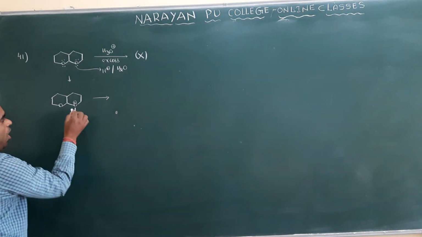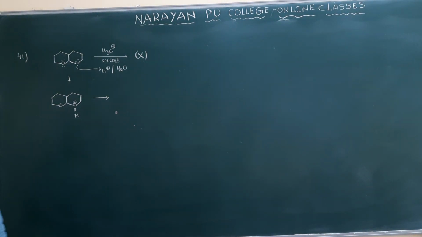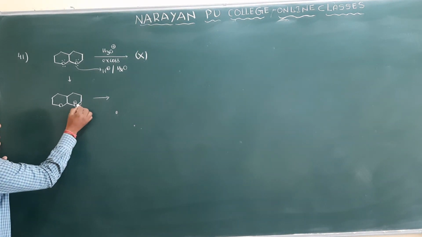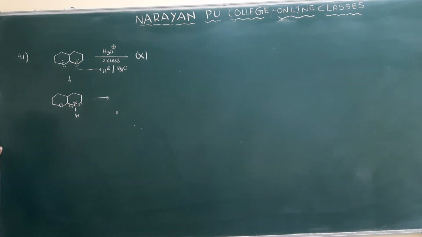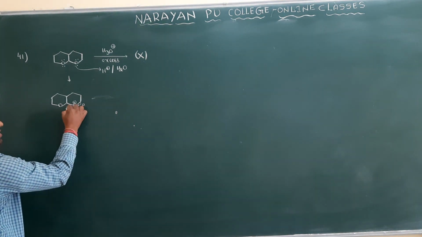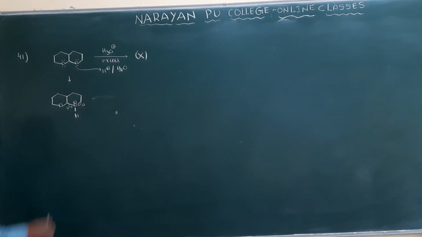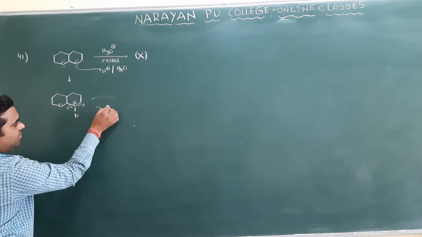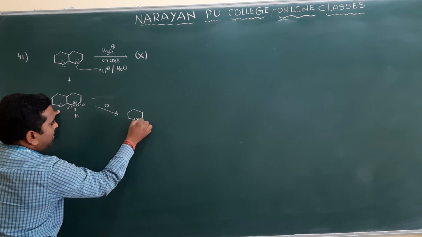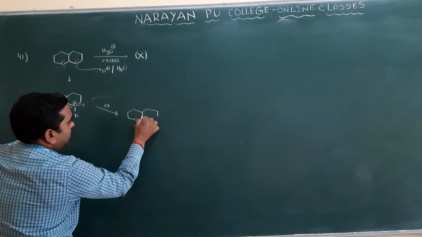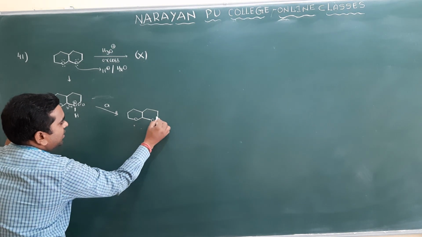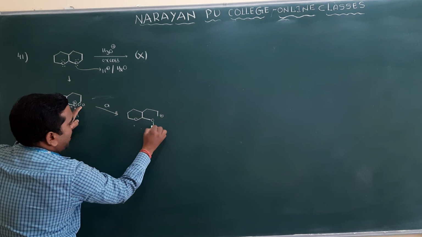Now that oxygen has the positive charge and it is unstable, so it will gain the electrons from either this bond or this bond. There are two possibilities. Suppose this is bond A and this is bond B. If bond A breaks, you will get the compound where there is an oxygen, and the positive charge here on this carbon and OH here.